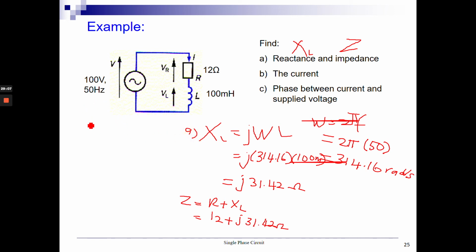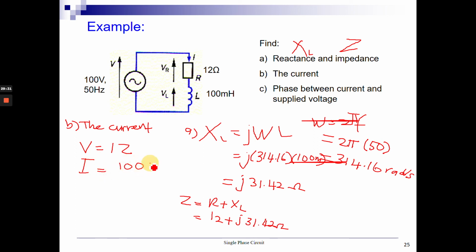Okay, so this one is for A. Okay, for B, the current. So just apply Ohm's law. V equal to I Z. So your I equal to your V, which is 100.